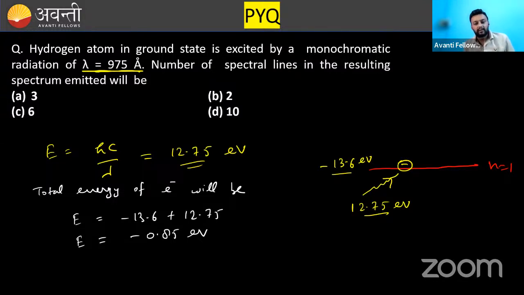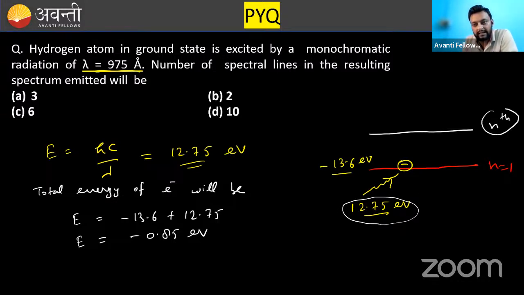Now, what will happen? After receiving this 12.75 energy, electron will jump to some higher orbit. Let's suppose it has jumped to nth orbit. Till now, every point is clear what I did here.